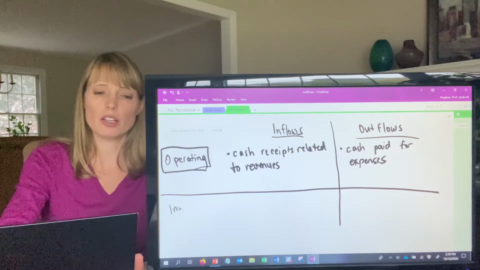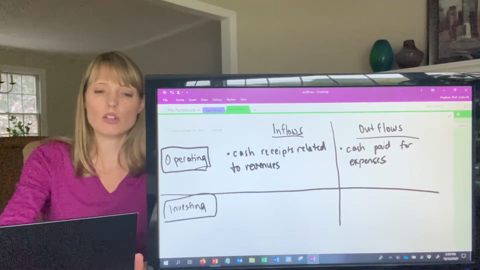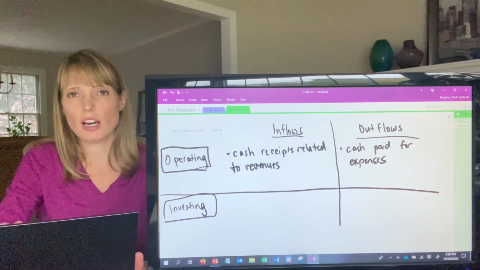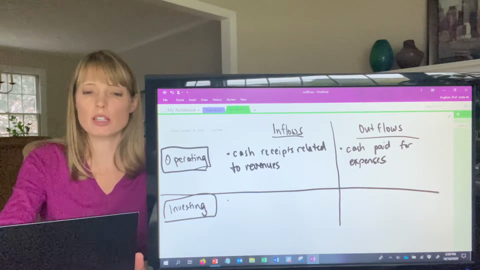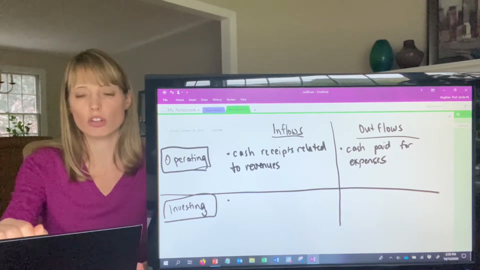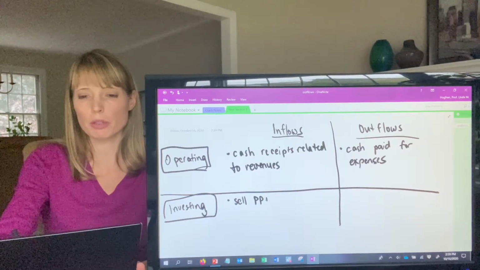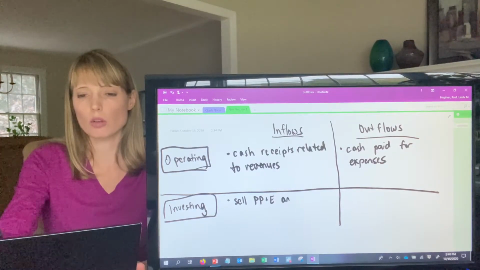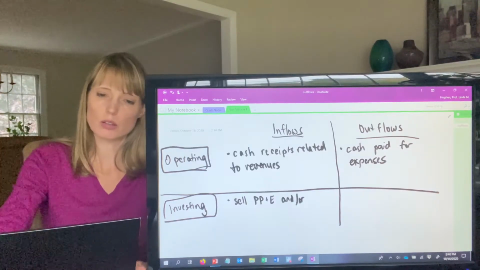Now we have the investing category or classification. These are cash receipts and cash payments related to long-term assets. So how would we receive cash in the investing section? Well, when we sell PP&E, plant, property, and equipment, and or investment securities.